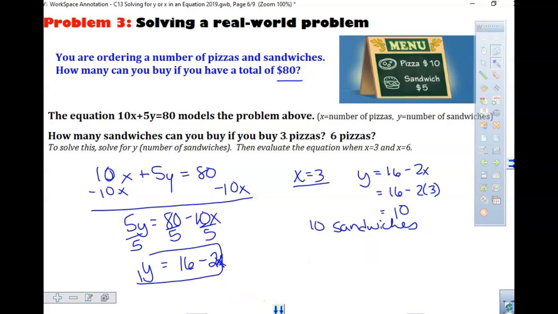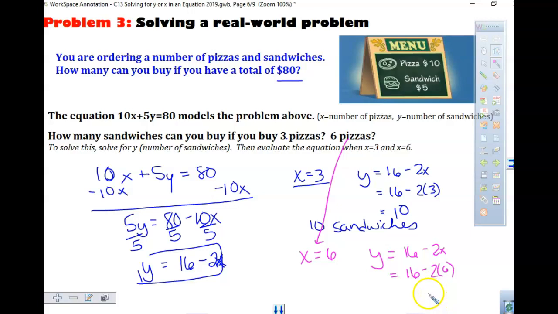Next, we're going to try the same problem, and this time, what if we get 6 pizzas? So this is for our 6 pizzas. Again, you're going to the same equation, y equals 16 minus 2x. But this time, we are taking 16 minus 2 times 6.